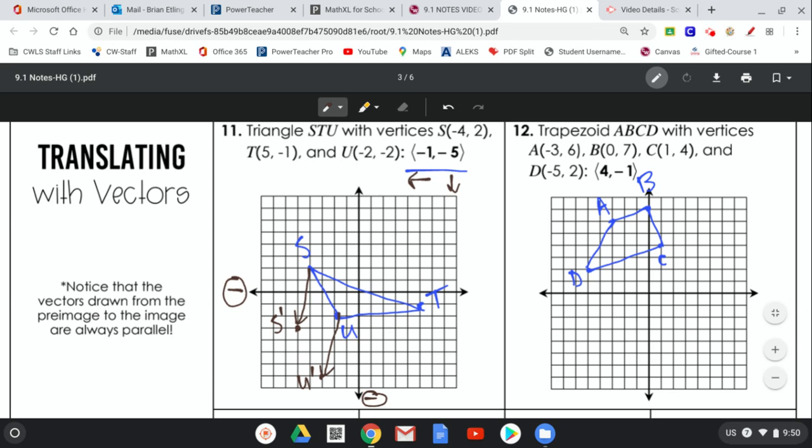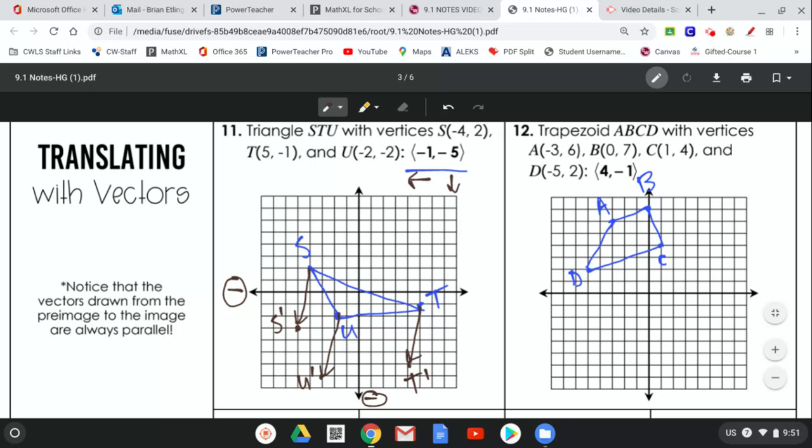All right, and then the last one is T. So T going 1, and then 1, 2, 3, 4, 5. So that's going to be the coordinate for T prime. All right, so drawing our vector in there, vector is going to go from T to T prime.